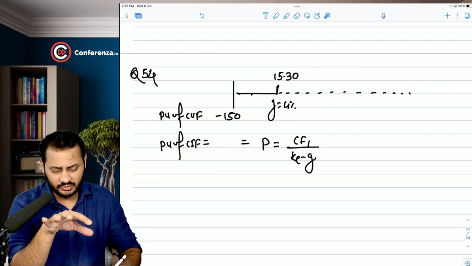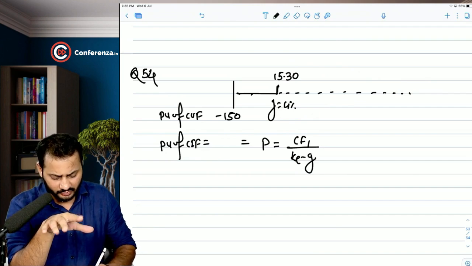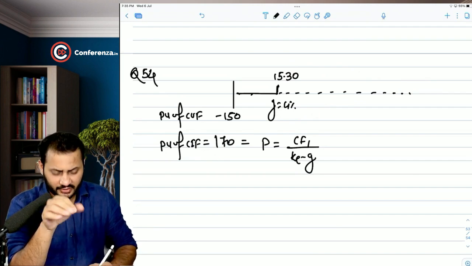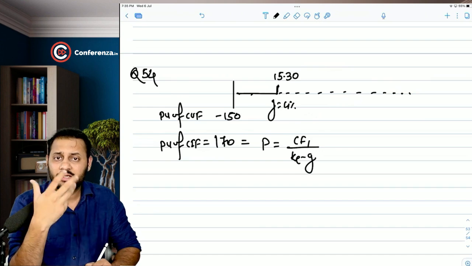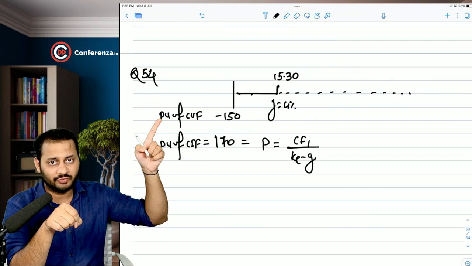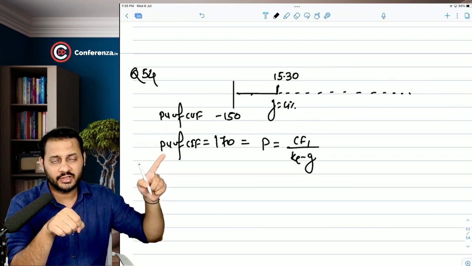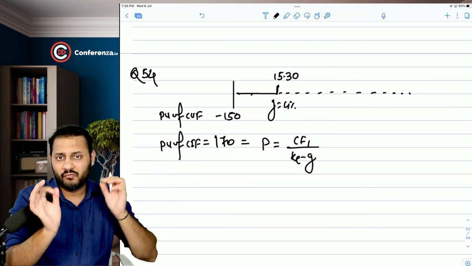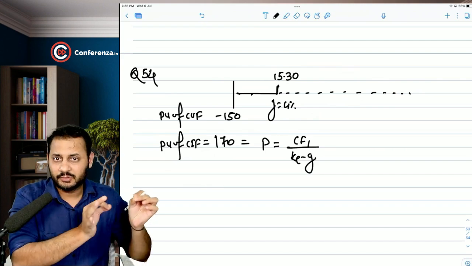So let's say a figure will be arrived here of, let's say, 170. At that time, we will be able to analyze this entire project in a manner that the outflow is 150, inflow in present value terms is 170, whether we should take the project or not.